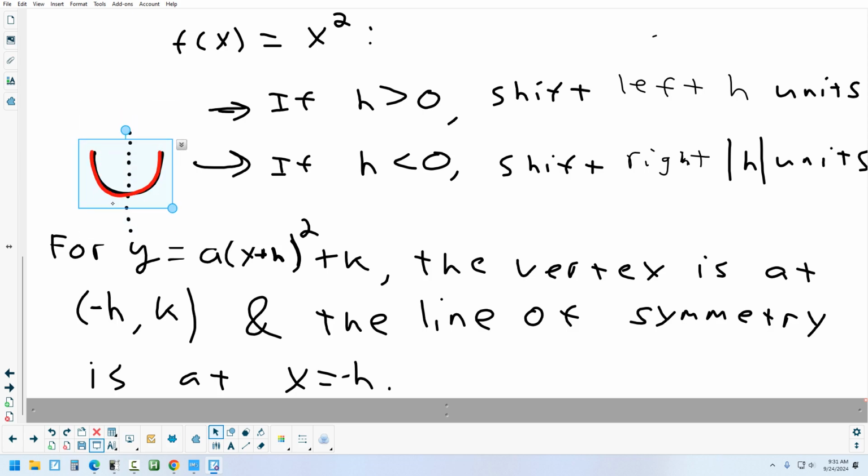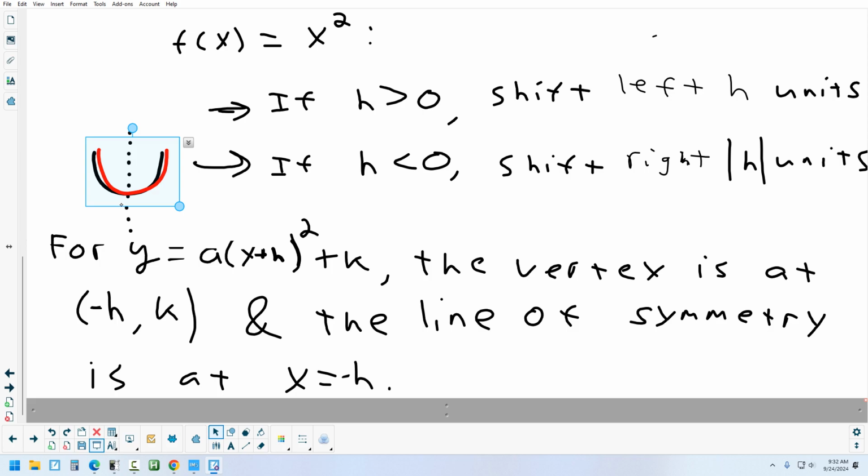No. That's why k has nothing to do with the line of symmetry. The only thing that can change the line of symmetry is if you move it left and right, and h is the value that moves it left and right. The reason it's x equals is because x equals is the equation for a vertical line. And that's exactly what the line of symmetry is for a parabola. It's always vertical.